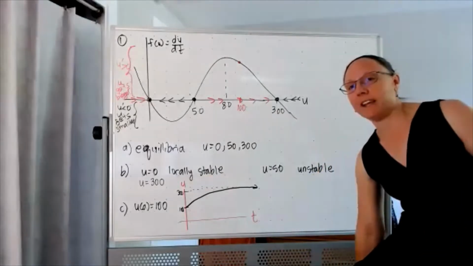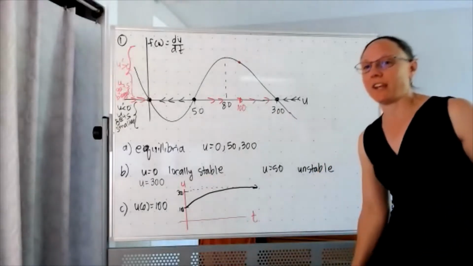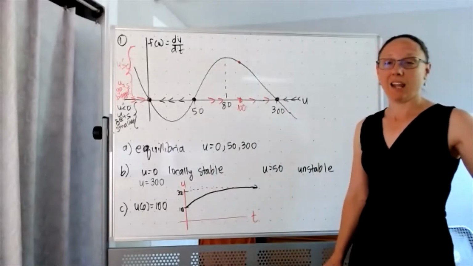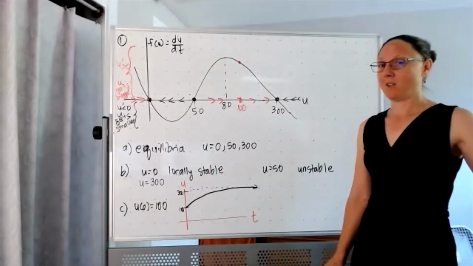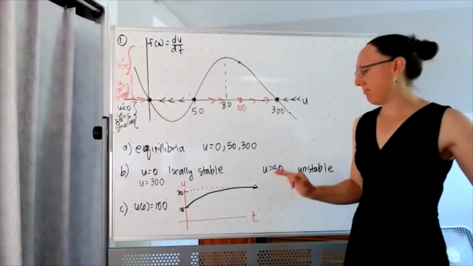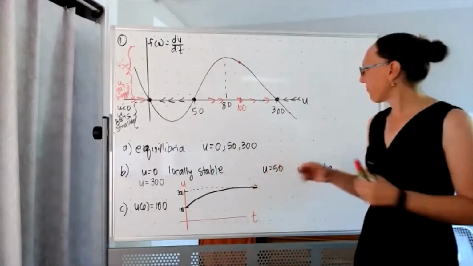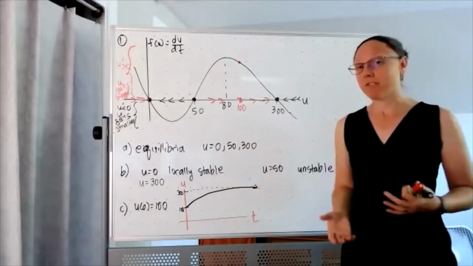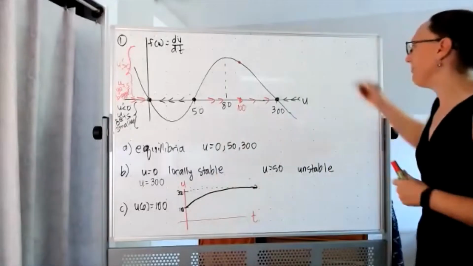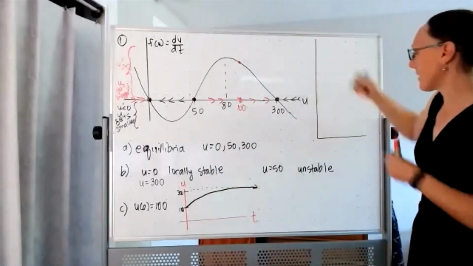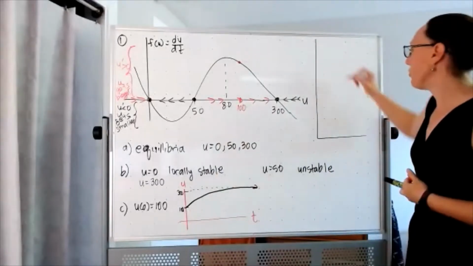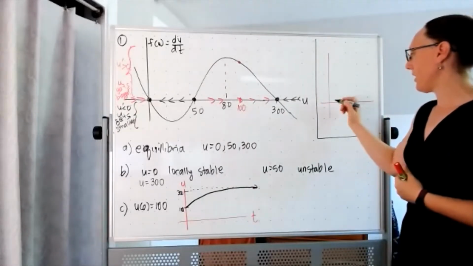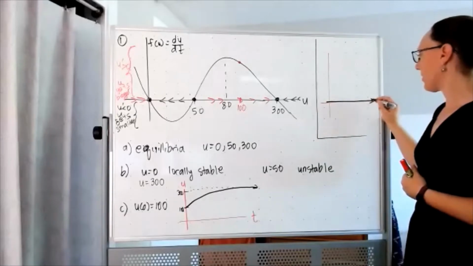So the question in the chat is, is it only an asymptote if it's a stable equilibrium? Yes. So technically, if I were to draw out solution curves for lots of different initial conditions, then I might draw that out looking like this.